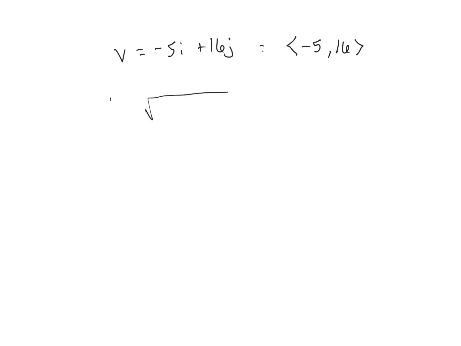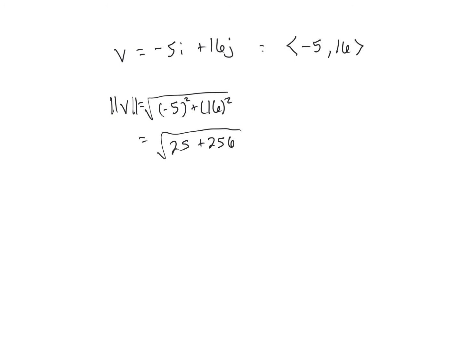So we write magnitude like this. Distance formula, negative 5 squared plus 16 squared. So negative 5 squared is 25. 16 squared is 256.